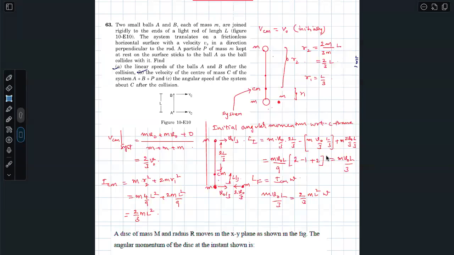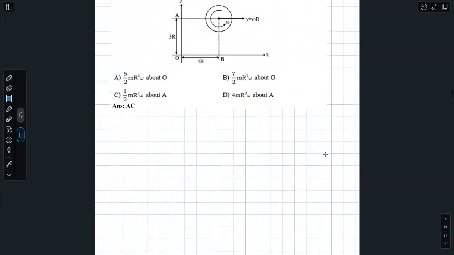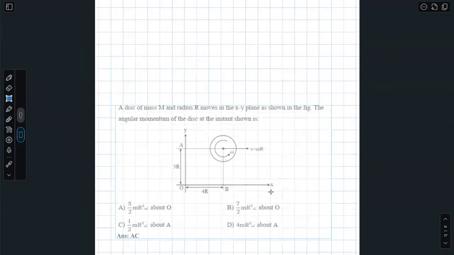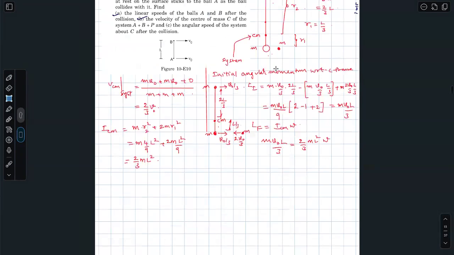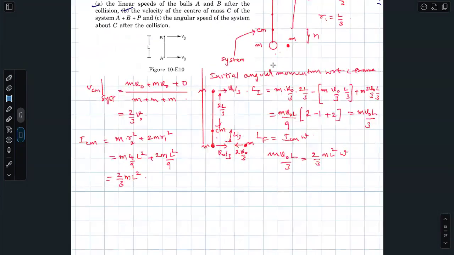The linear speeds of ball A and B after the collision is what we require. Everything I can find with this data right now. Trust me. Now see in this, finally what you got? You got the value of omega here.